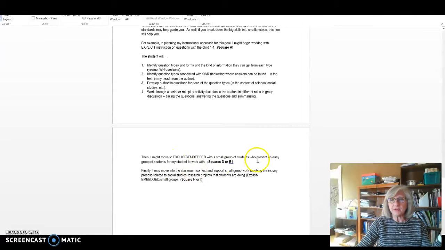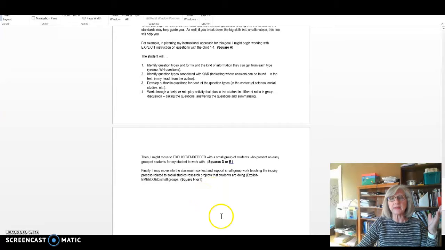Then I might go into a context where I'm with a small group of students, where he gets the opportunity to use that skill within a smaller context. And then I'm going to support him in the regular classroom.